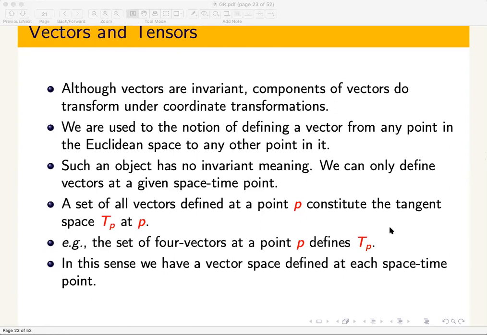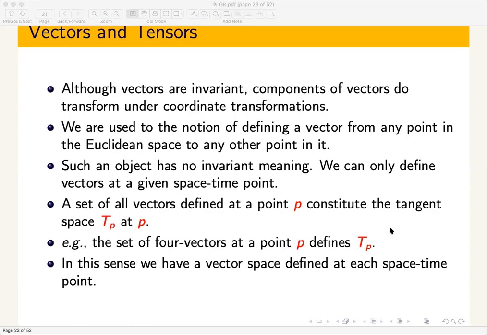And that is a bit of a misleading notion, because there is no such invariant meaning to an object defined from one point in space to another point in space, except, of course, in flat space, where you can define a metric which is really independent of space-time. So for the kinds of spaces that we would be interested in, it is better to define a vector at a given point in space and time.